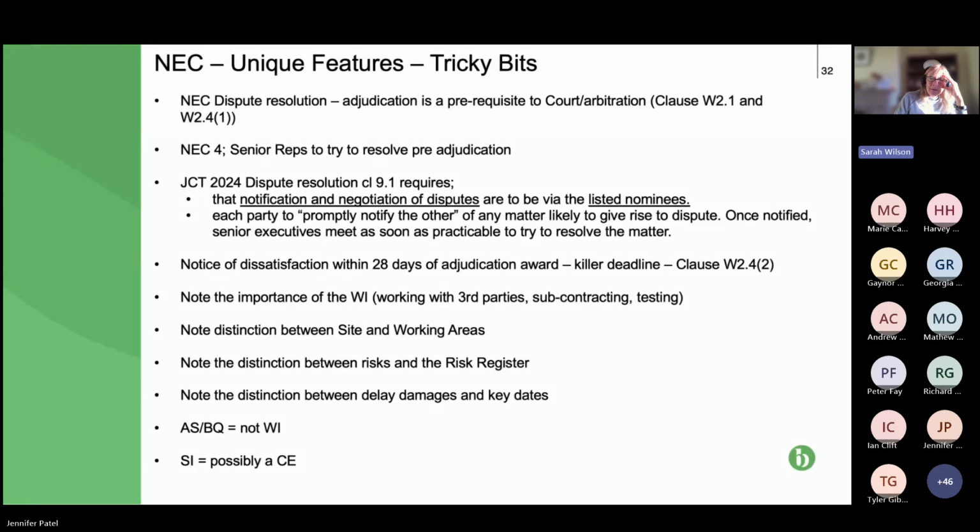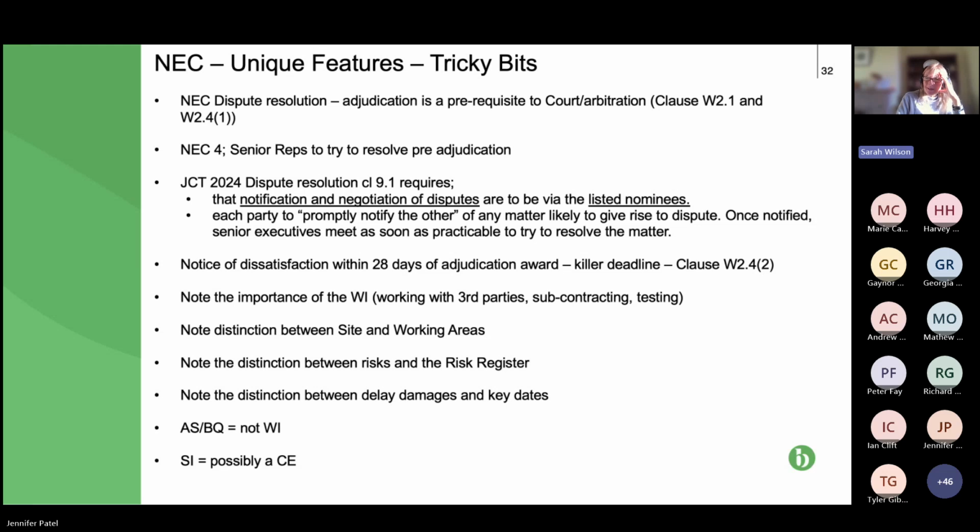And I think the final bit is the dispute resolution process. So I've already mentioned that under NEC, you've got to adjudicate before you can go to court. NEC 4 introduced a new mechanism which goes before adjudication, and that's a senior representatives process. And it is basically both parties put in submissions.